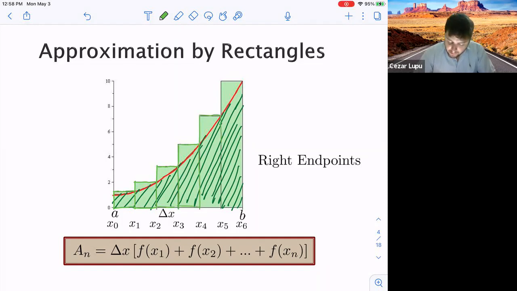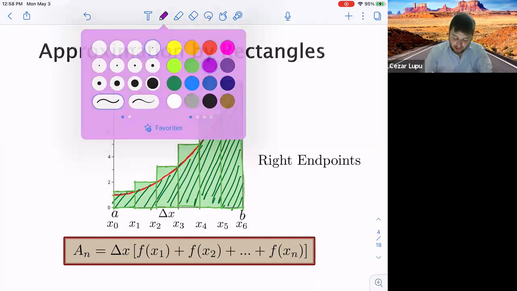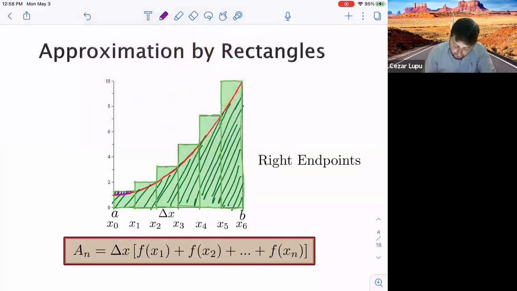Here comes the fifth one. And now here is the sixth one. All right. So you see, there are some left. So it doesn't approximate that well. Again, we have this part here, and again. But this is the approximation by right endpoints.